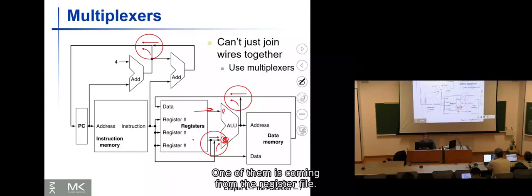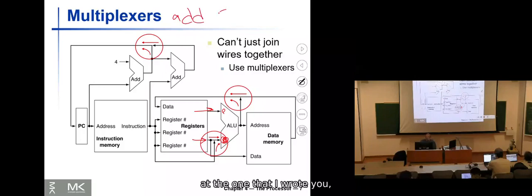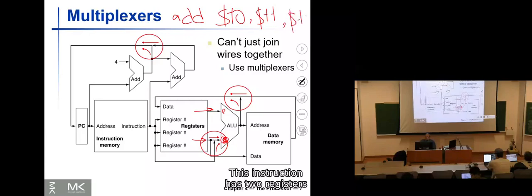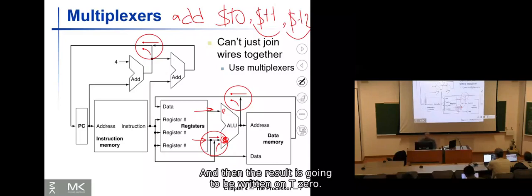One of them is coming from the register file. For example, in this instruction, add T0, T1, and T2. This instruction has two registers coming from the register file, added together, and then the result is going to be written to T0.